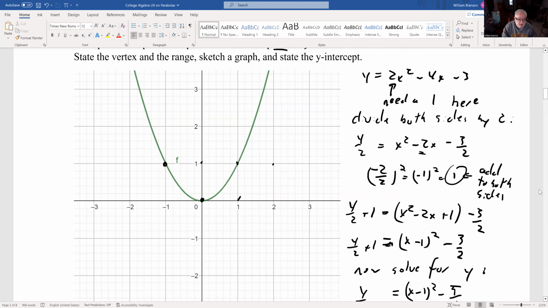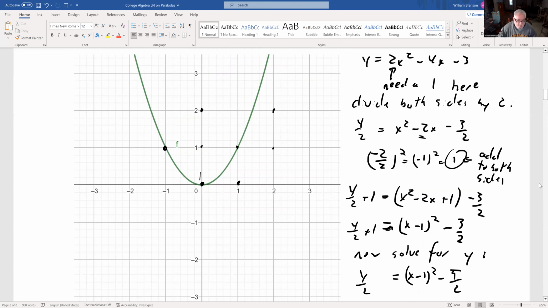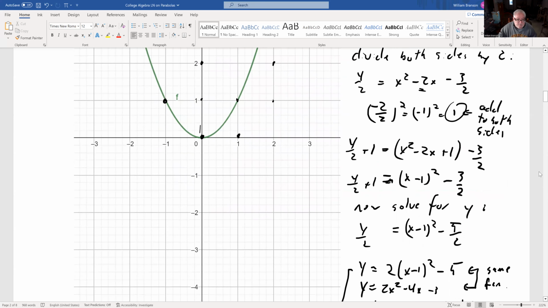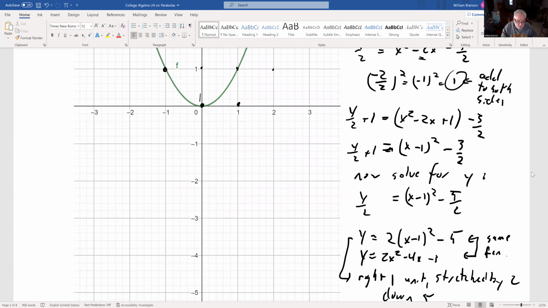Stretching by 2 leaves this one alone, but multiplies this by 2, which moves that up to a height of 2. Height of 1 goes up to a height of 2. And then those 3 points go down 5 units. Oops. 5 units will be way down here. And so there's my parabola.